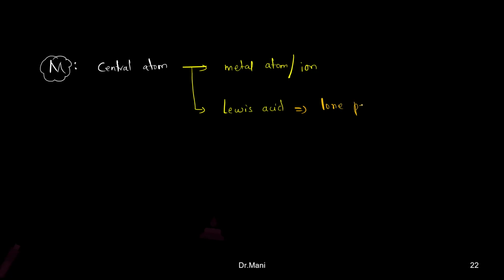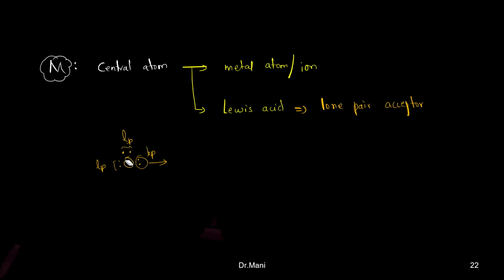You know what lone pairs are, right? Lone pair and bond pair, you know? Suppose you take oxygen, it has two lone pairs and bond pairs. The bond pairs are involved in bonding, and the lone pairs are not. Those which do not involve in bonding are called lone pairs.